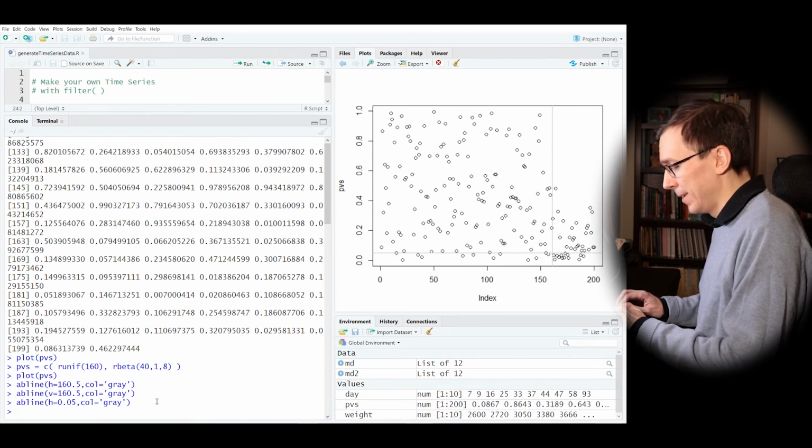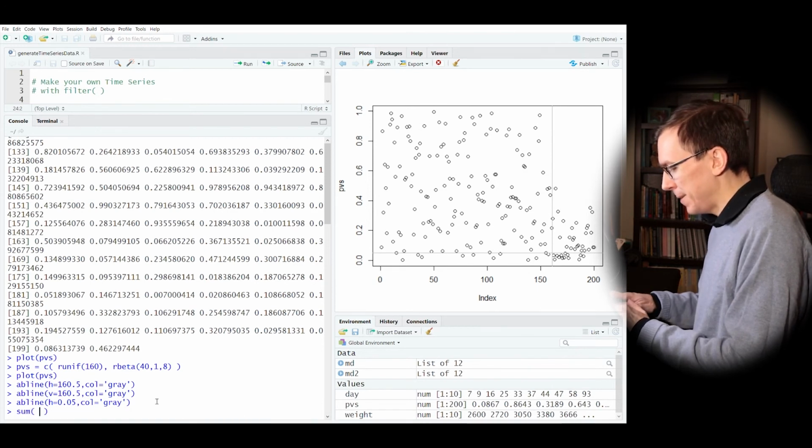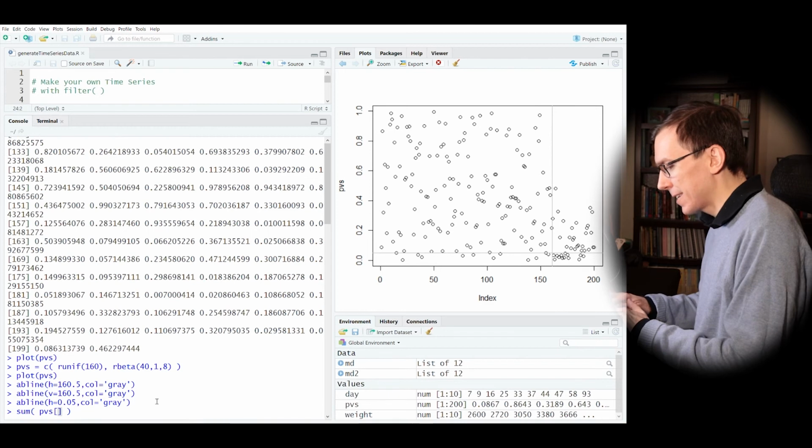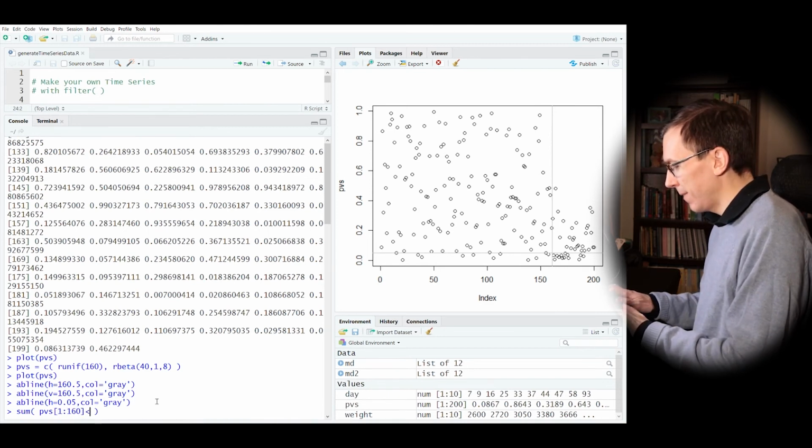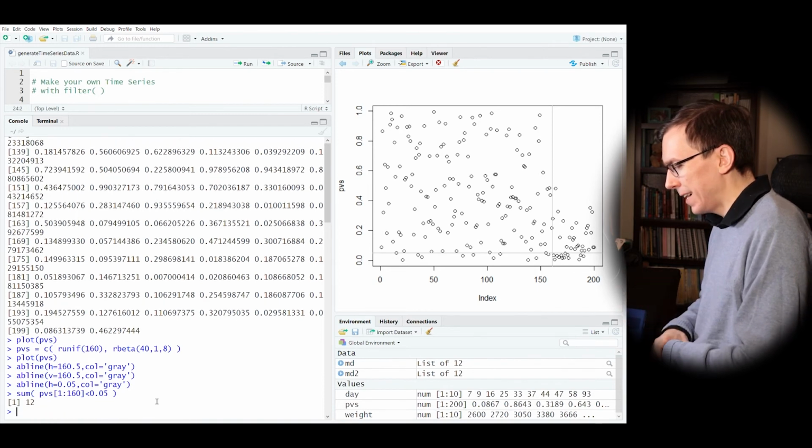Okay, so what happens? Well, let's do some p adjusting, right? What we can do is figure out how many p-values would be falsely rejected in this case. So if I say 1 to 160 and say less than 0.5, 12.